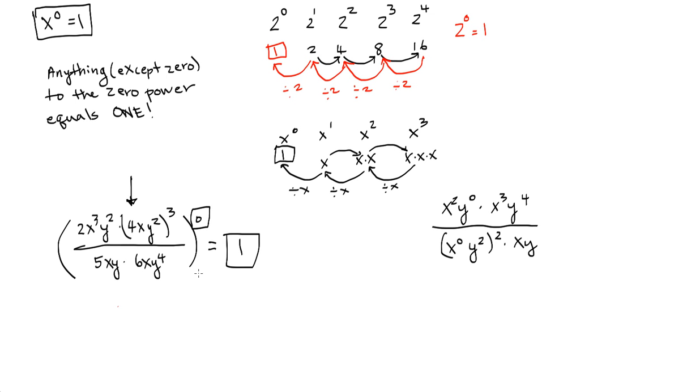It means that any term that's raised to the 0 power is 1. This is 1. This is 1. So if you replace those with 1s, I hope you can see that that just simply means they can be disregarded. So if you have a problem where you have a factor raised to the 0 power, you can disregard them because they're equal to 1.